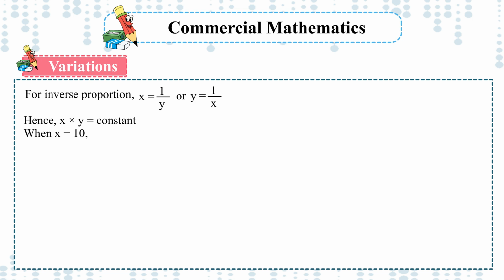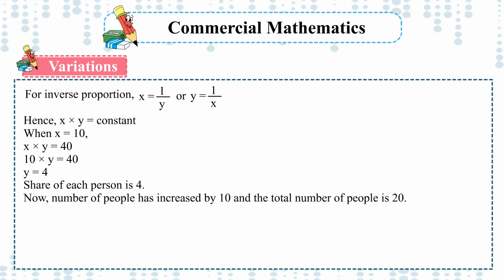When X is equal to 10, X multiply Y is equal to 40. 10 multiply Y is equal to 40. Y is equal to 4. Share of each person is 4.